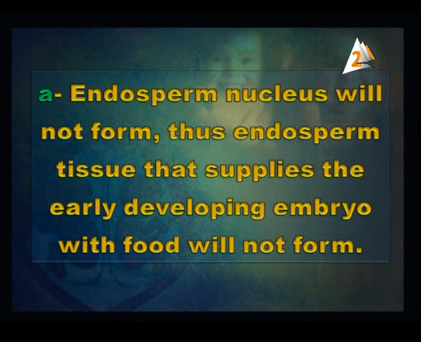What do you think, my dear student, will happen if there is no triple fusion? Yes, the endosperm nucleus will not form. Thus, endosperm tissue that supplies the early developing embryo with food will not form.